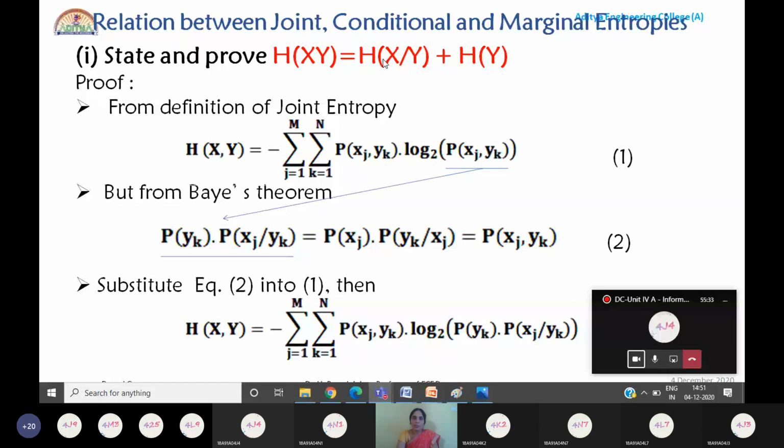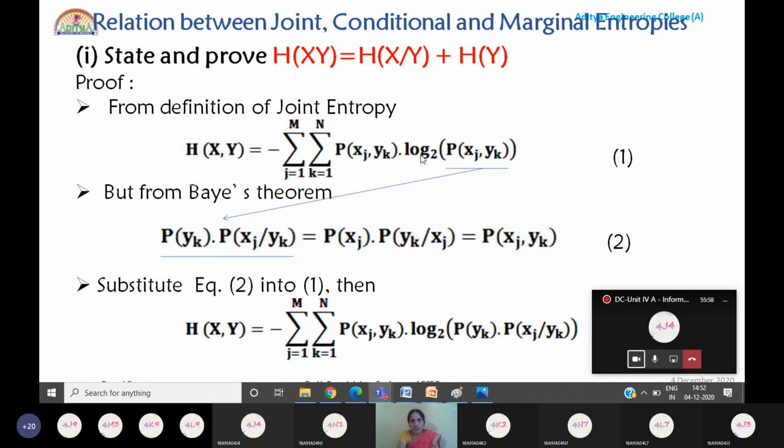Here, in what type of probability matrix should you represent it? You should represent it in the form of p of yk and p of xj by yk. Then you can split the logarithm. That's why first we took the LHS part, that is H of XY. So they represent the basic equation for it.